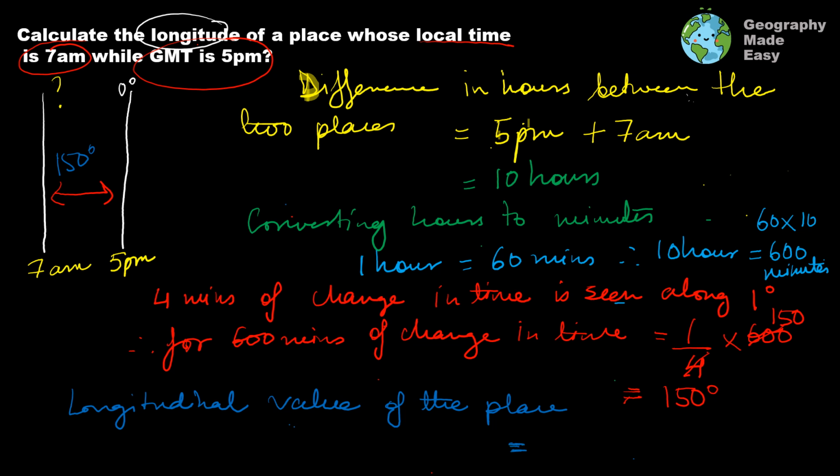So I am going on the reverse side. So this is 0 degree, so it is easy for me to calculate. This place is located in the western hemisphere, or 150 degree west. So this is my answer.